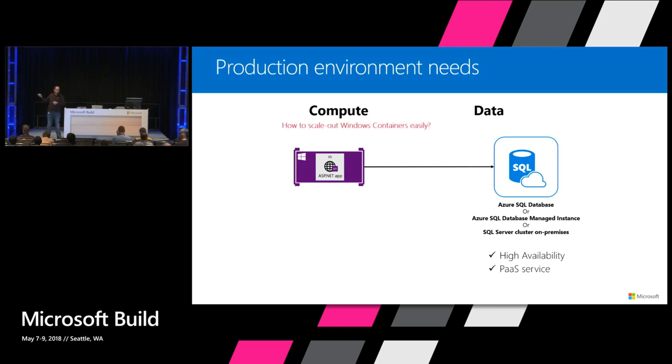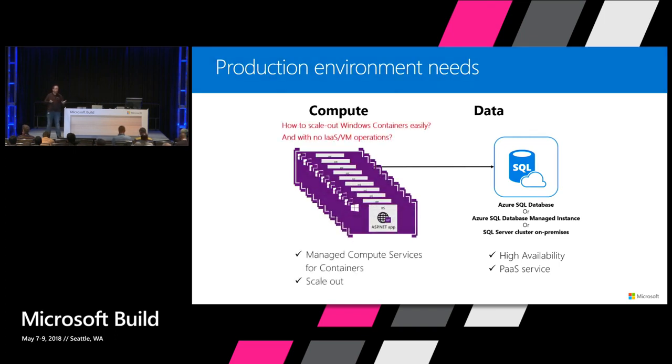And then about compute, you need to scale out. So something that you cannot do with ACI, you can do with other services for containers in Azure. So we have managed compute services for containers that we're going to cover right now, where you can scale out, and for the same image, you can have multiple instances, and then those instances are going to be load balanced, and you can scale out, okay?